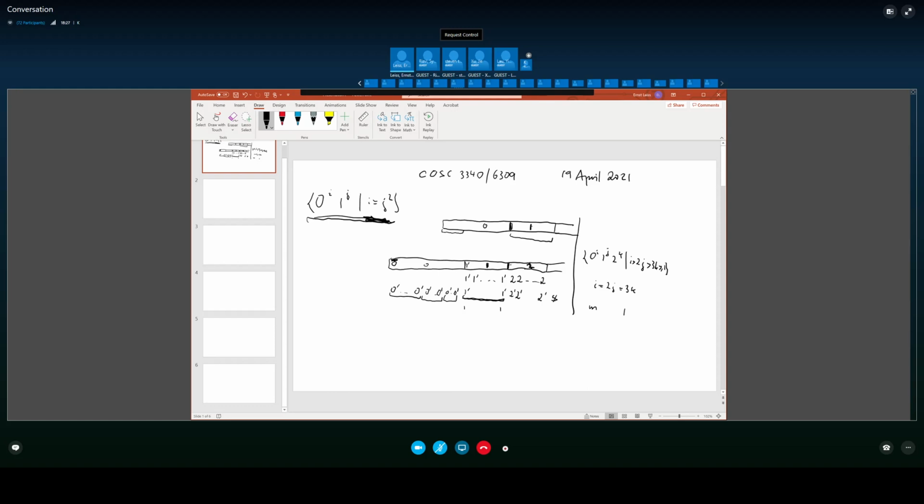So essentially, you're looking at j is equal to 3m, and k is equal to 2m. So what you have then is that i is equal to 6m.